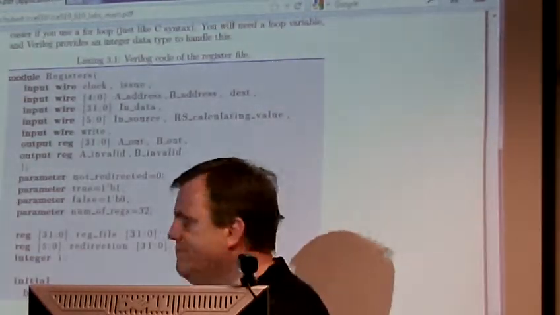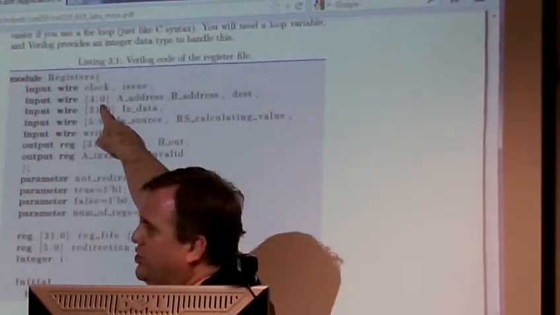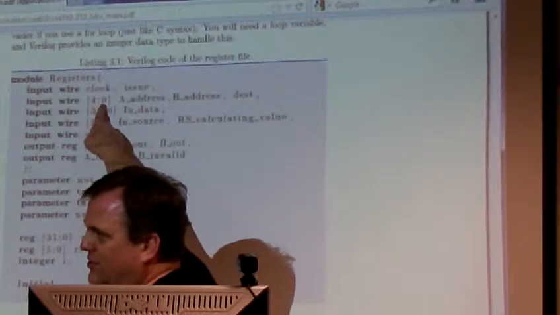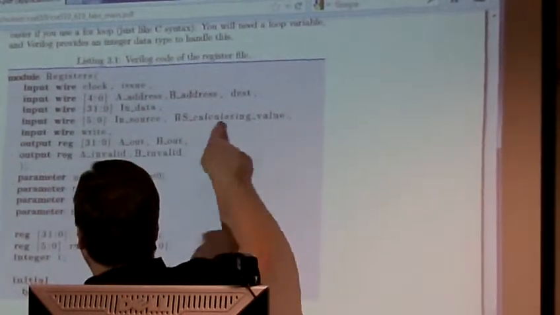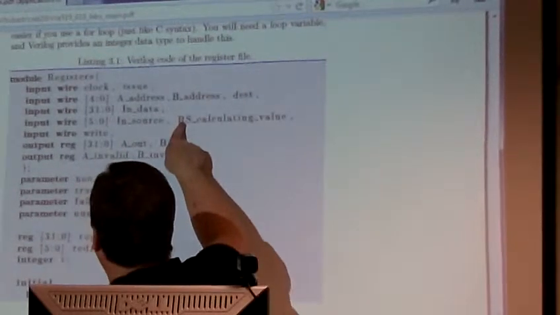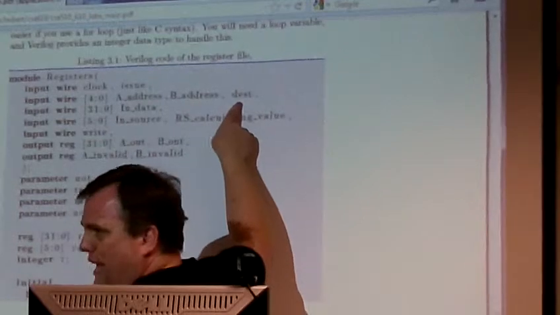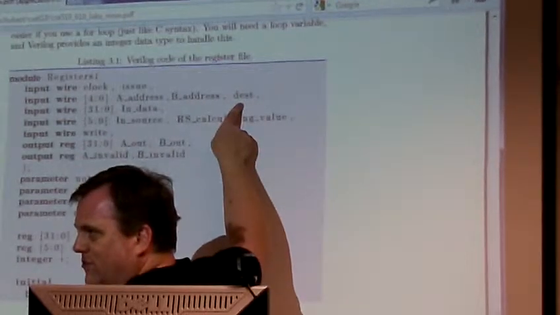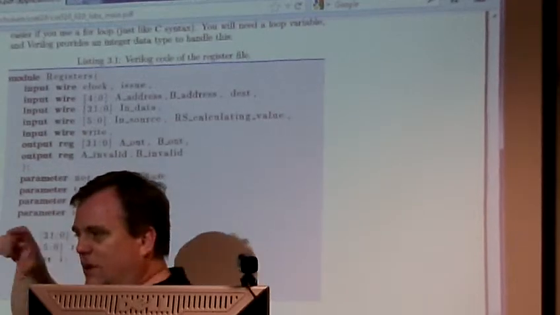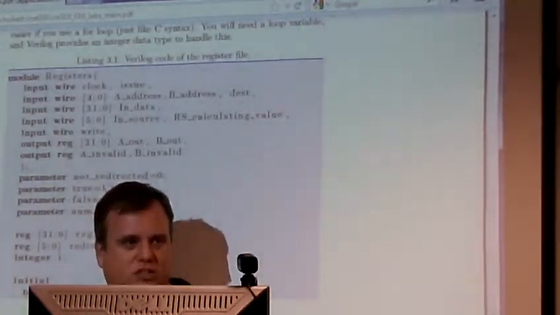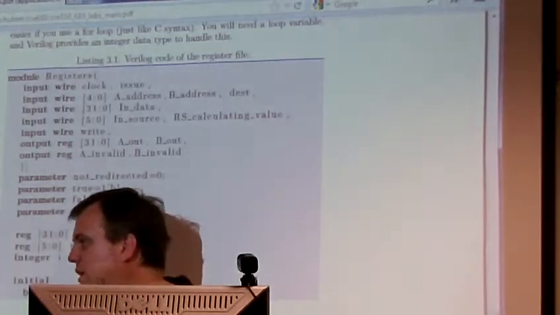So DEST is the one requesting the answer. Destination is which register. Notice it's 5 bits. RS calculating value is the reservation station that will calculate the answer that will go into that register. This is 6 bits. Remember we said there were 6 bits worth of these reservation stations? So we had 64 potential reservation stations.